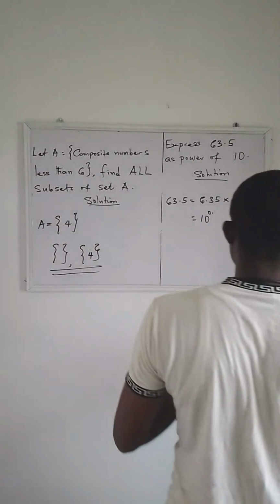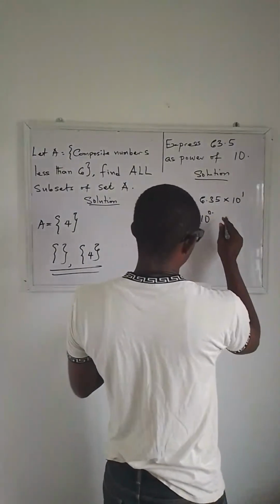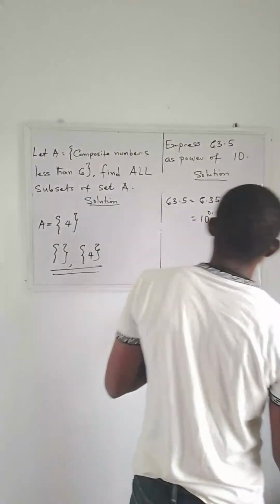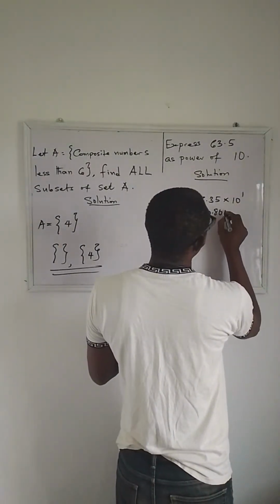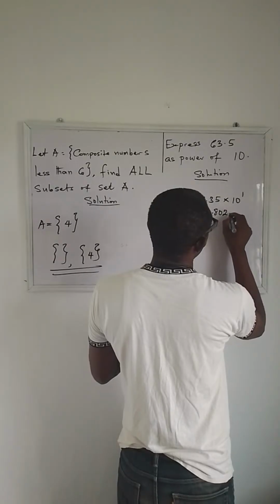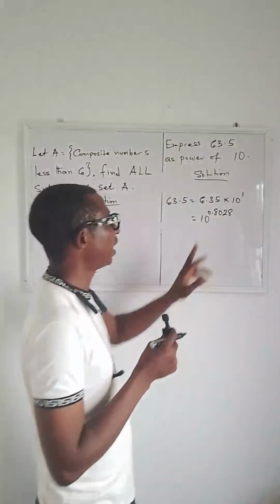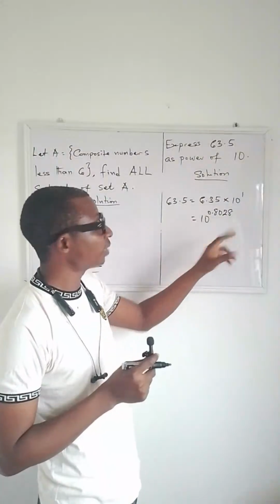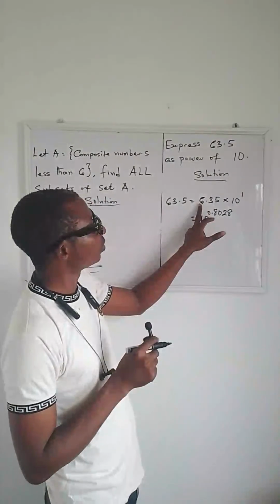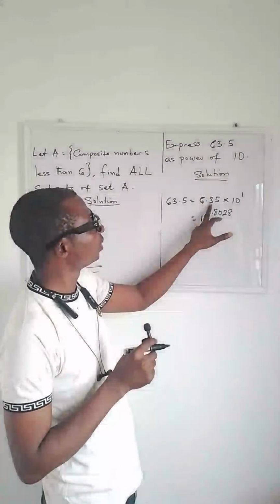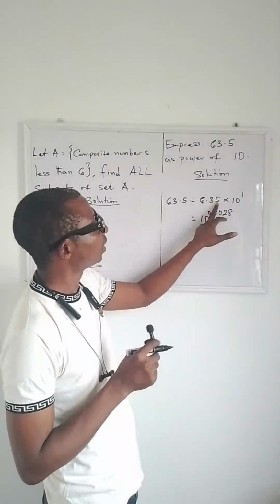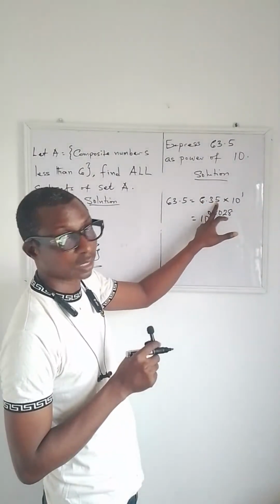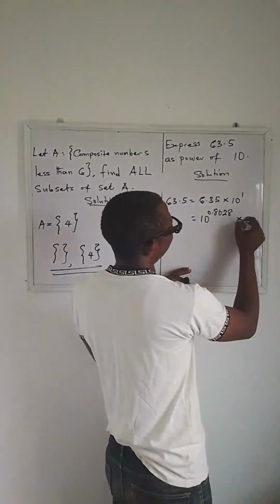If you check very well, you are going to have 8028. Those of you that have 8028, you are correct. So that is the logarithm of 63 under 5, times 10 raised to the power of 1.